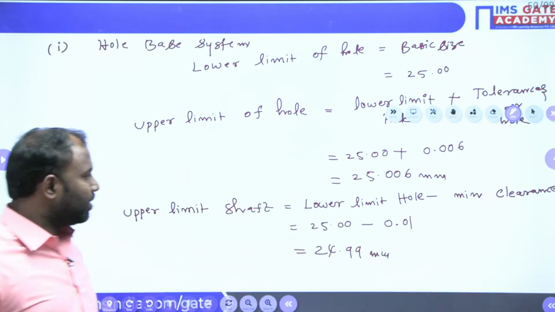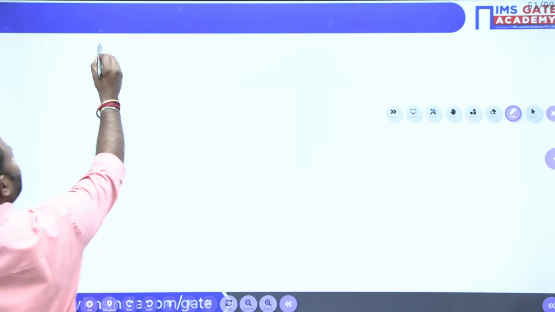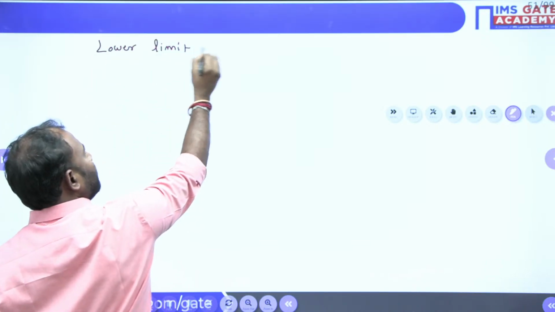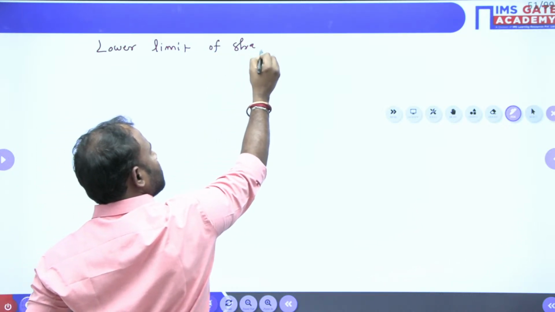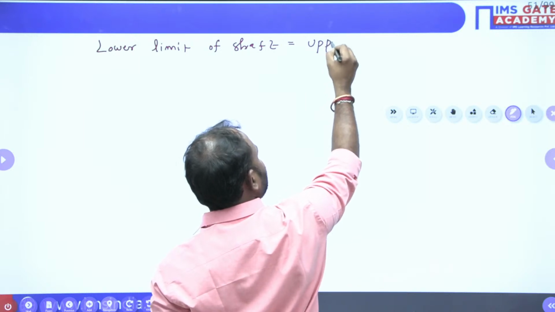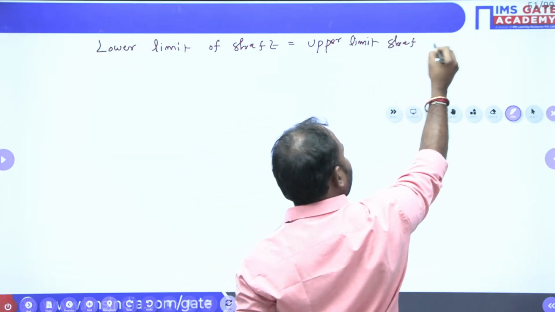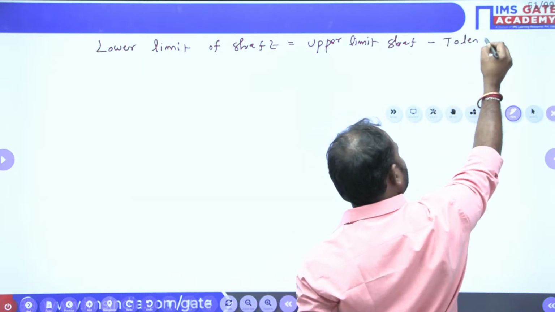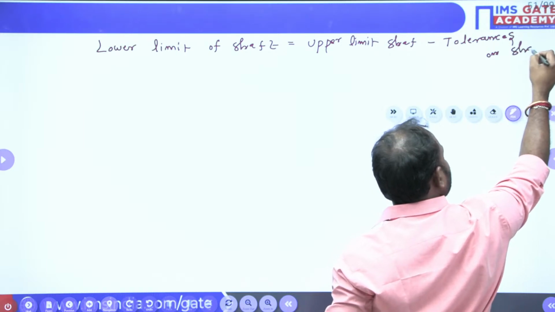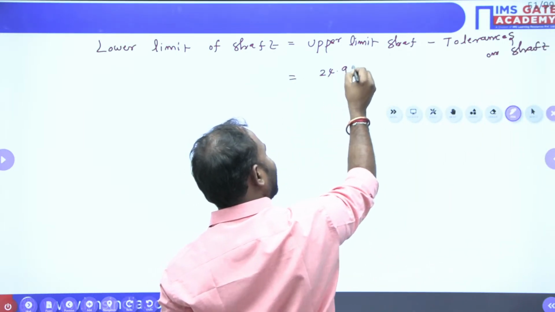Isn't it, guys? Okay. Now I require the lower limit of the shaft. Lower limit of shaft is equal to upper limit of shaft minus tolerance on shaft. Now the upper limit of the shaft is 24.99, just now we have calculated.